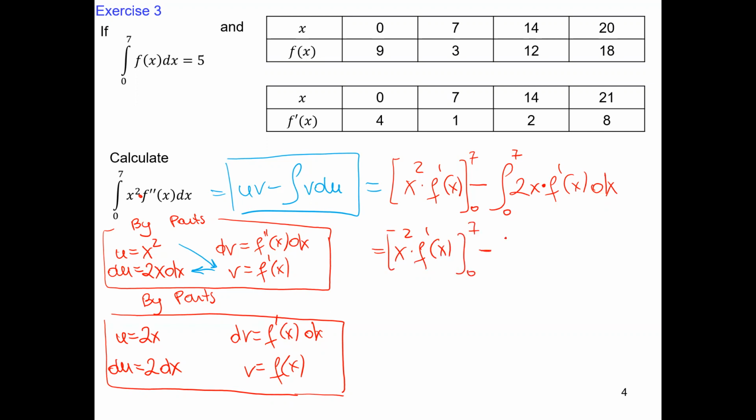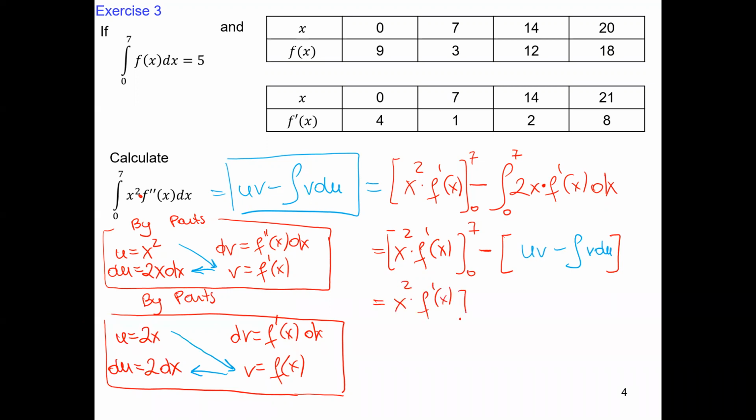Now, that negative will affect our new formula, uv minus the integral of v du. And we have these nice arrows. I will copy.